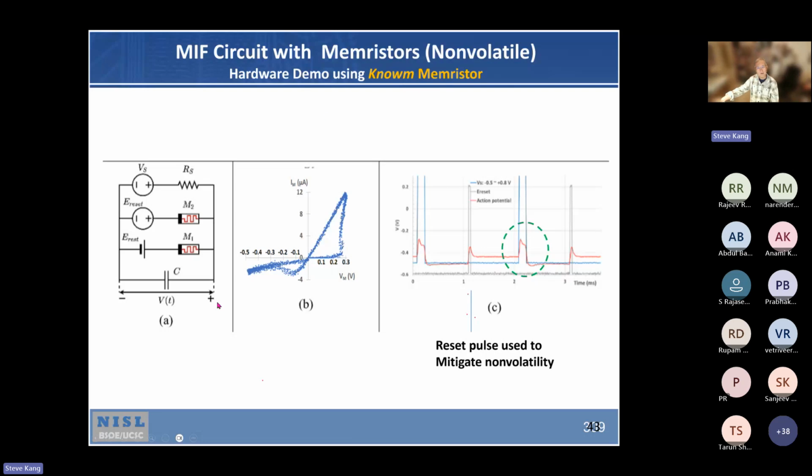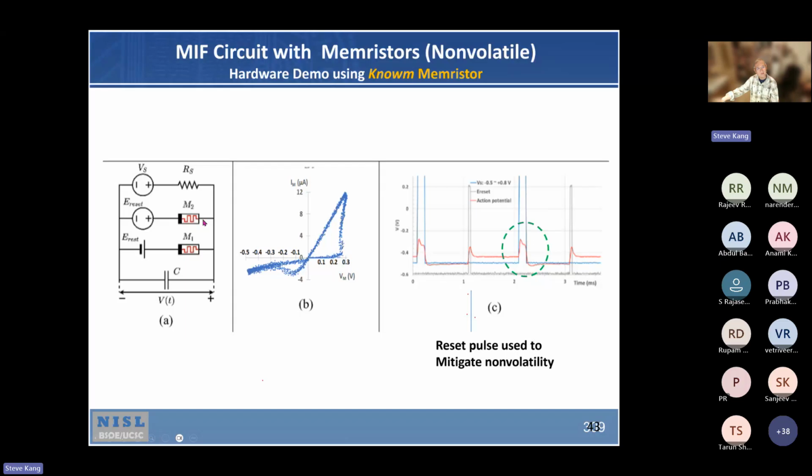So if you measure known memristor characteristics like this, see, it has a high resistance state and a low resistance state. This is a threshold, and then another threshold here to switch. So by using this hardware implementation with the voltage source replaced by Thevenin's equivalent circuit, this corresponds to a current source converted to a voltage source scenario.